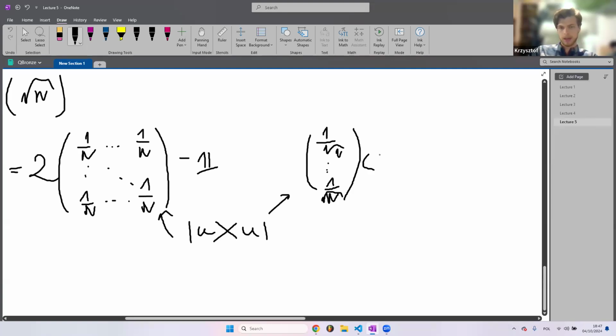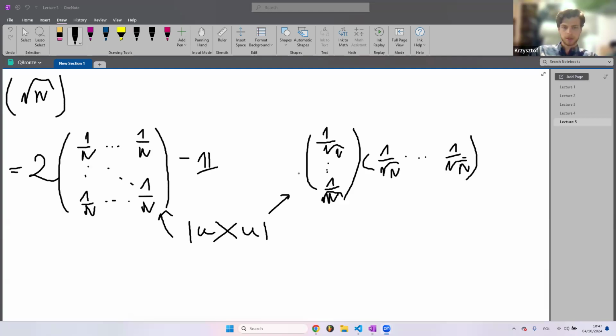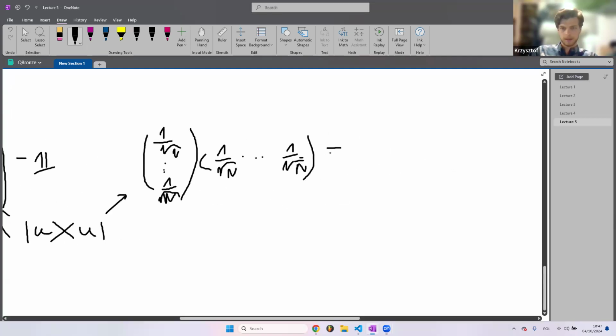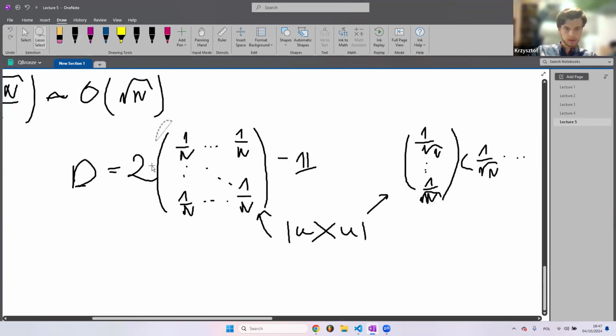And now we have a covector here, 1 over square root of n, and this operation will give us the matrix on the left here.